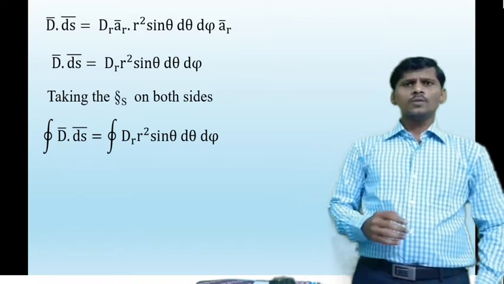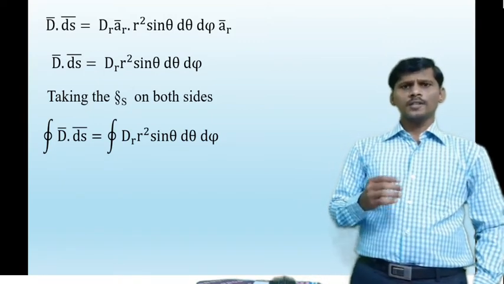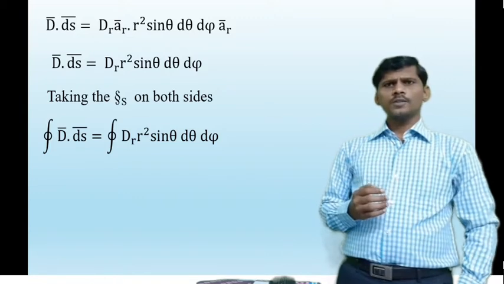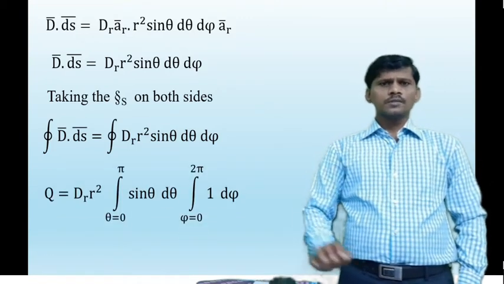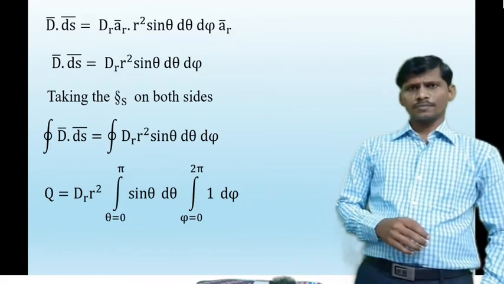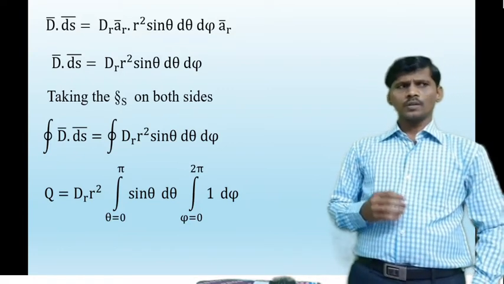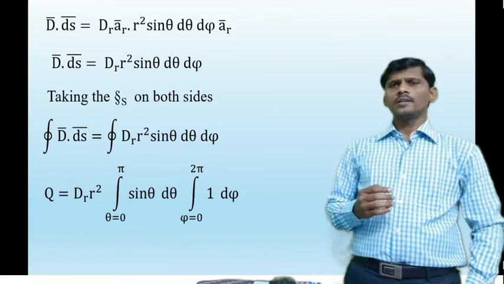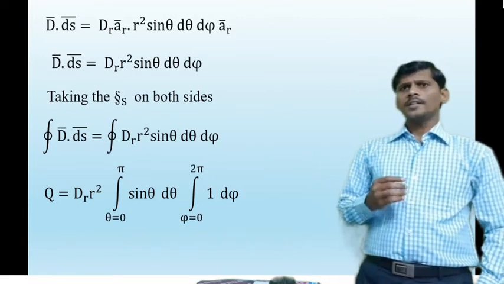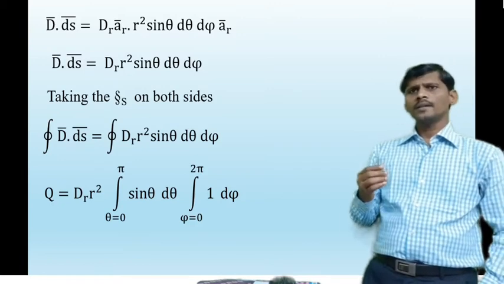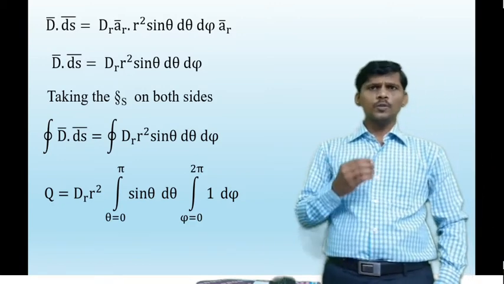we have the closed surface integral of D bar dot dS bar equal to the closed surface integral of the RHS term. The LHS term is the charge enclosed by the surface, that is Q, which is equal to Dr into r square integral. In spherical coordinate system, theta varies from 0 to pi and phi varies from 0 to 2 pi.